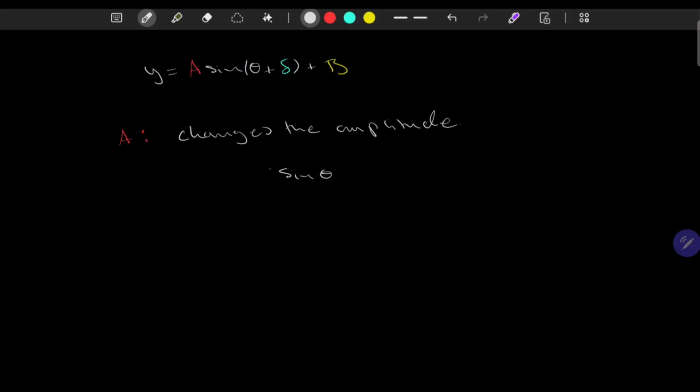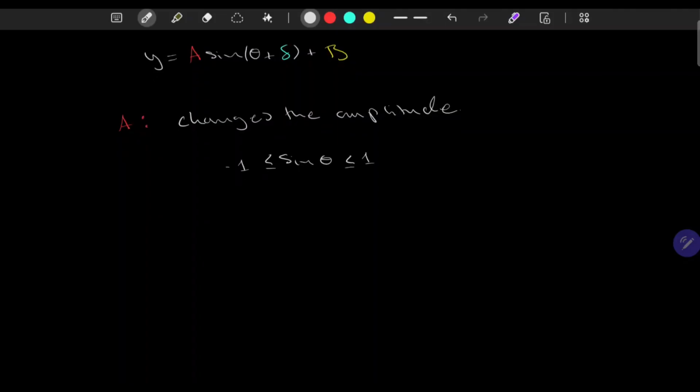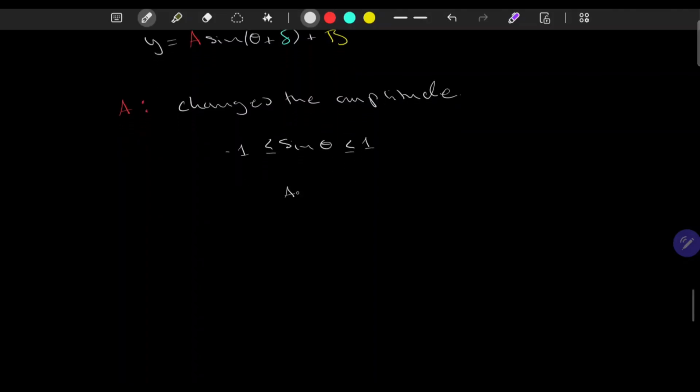Sine of theta has values between -1 and 1, but when you multiply it by a, the values would be between -a and a. So if a is larger than 1, you would increase the amplitude, and if a is less than 1, you would decrease the amplitude.